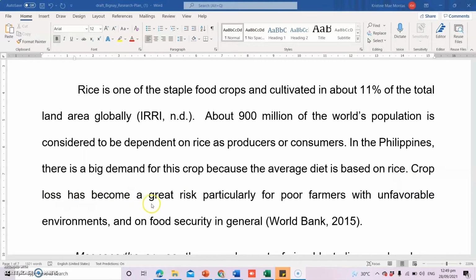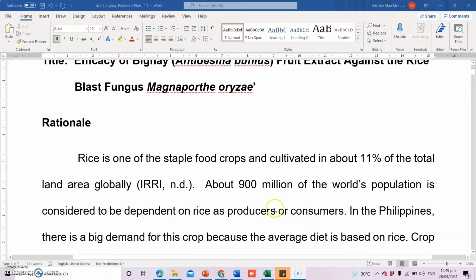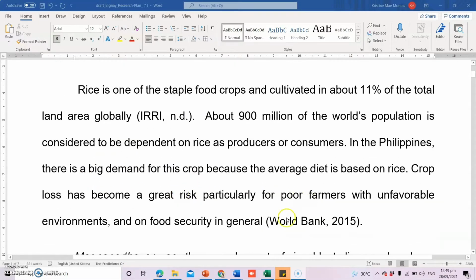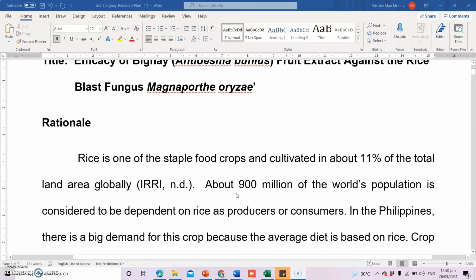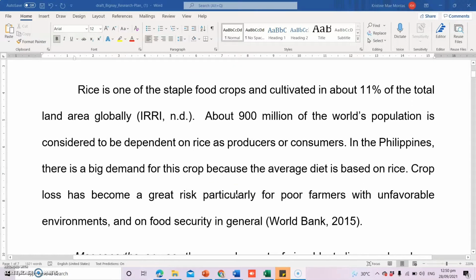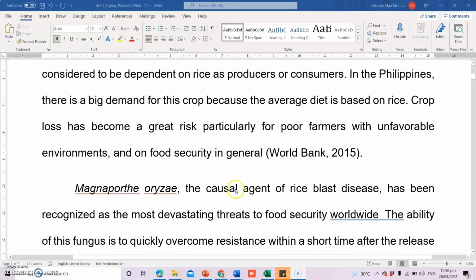Crop loss has become a great risk, particularly for poor farmers with unfavorable environments and on food security in general. World Bank 2015. So when you're writing your rationale, make sure that you also write the reference on where you get this information. And of course, you will not just copy it, but you have to rephrase what you have read from other resources.